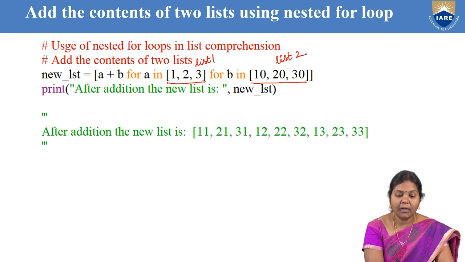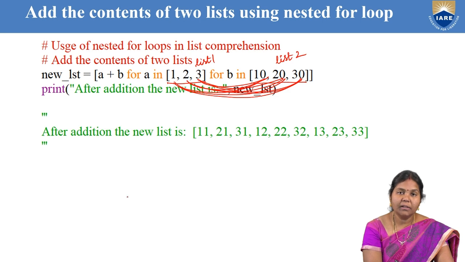I want to add the contents of the first list with the second list. That means 1 will be added with 10, 20 and 30. Similarly, 2 will be added with 10, 20 and 30, and 3 will be added with 10, 20 and 30.